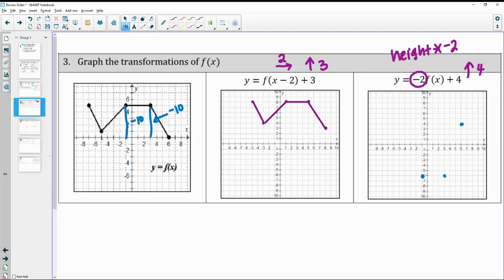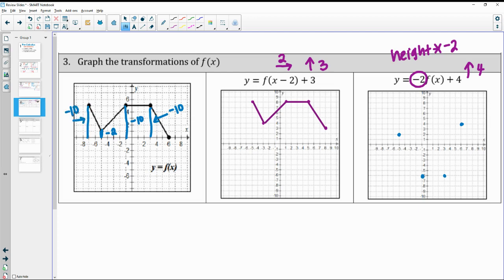This point is at negative 5, 1. So this height, 1 times negative 2 is negative 2. So now we're going to be at negative 5, negative 2, and then we're going to move up 1, 2, 3, 4 units. And this last one here is at negative 7, 5. So again, we're going to multiply this by negative 2.